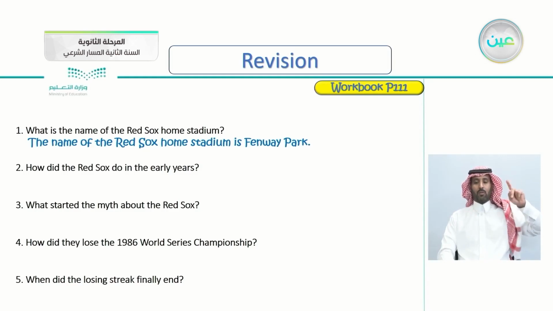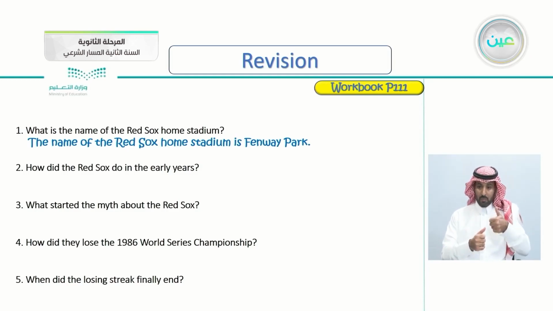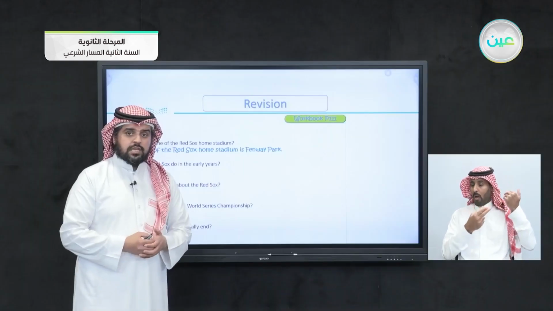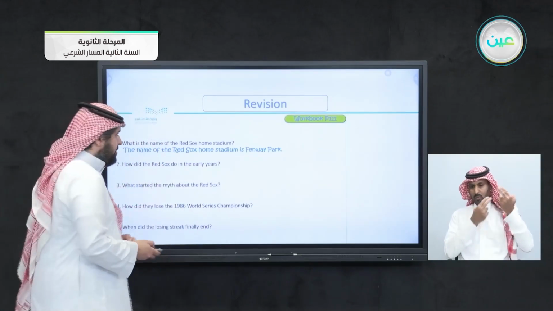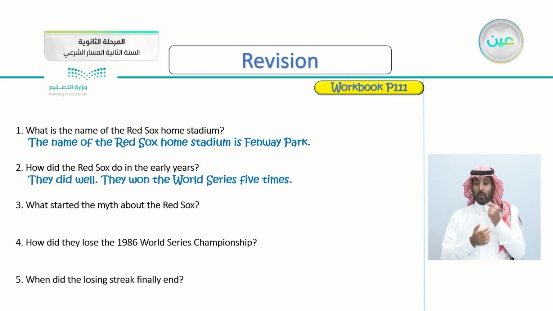Number 2, how did the Red Sox do in the early years, in the beginnings? How did they do? Did they win? Did they lose? Did they do really well or not? So let's see the correct answer here. They did well. They won the World Series 5 times. They did really well. So they won the World Series 5 times.